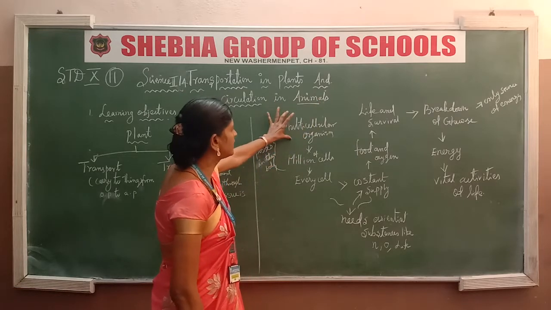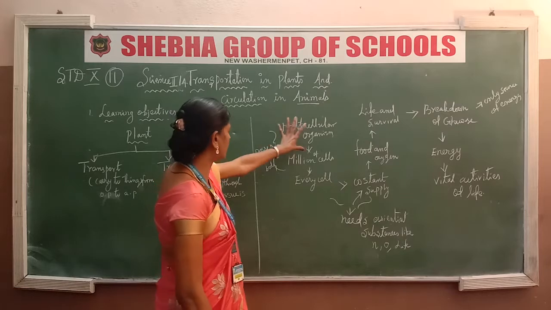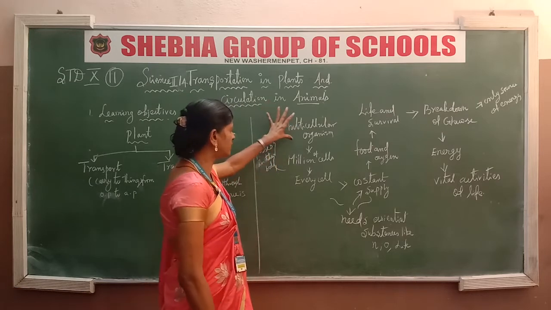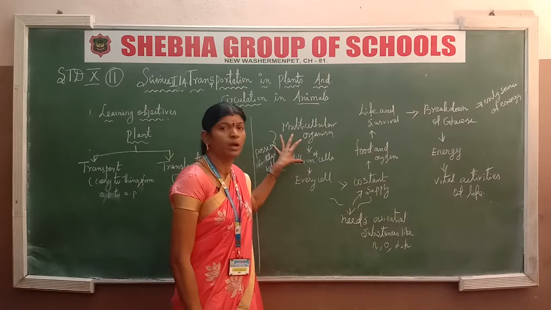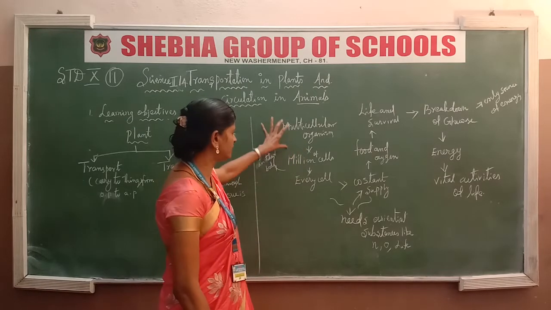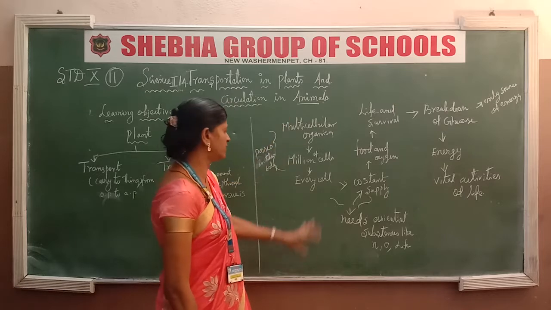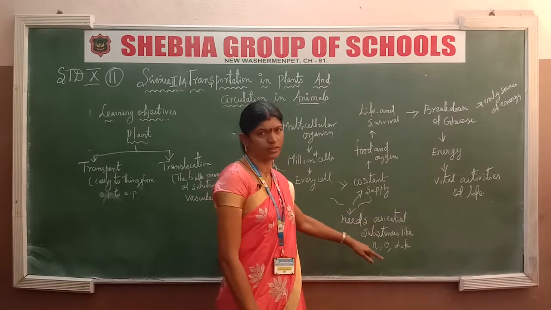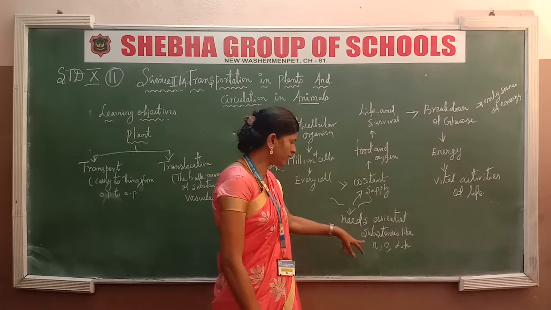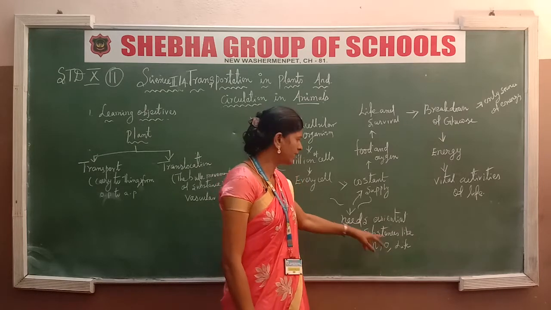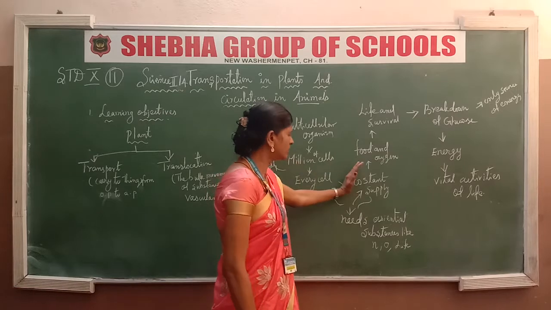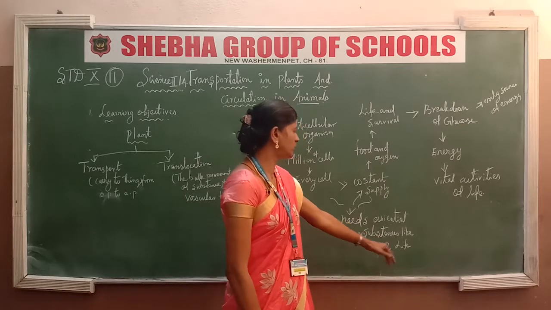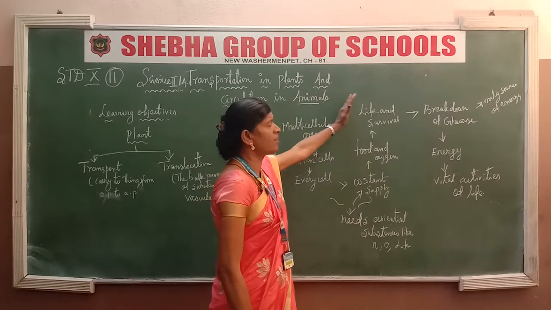First of all, a multicellular organism possesses millions of cells in its body. Every cell needs essential substances like nutrients and oxygen, constantly supplied for life and survival.